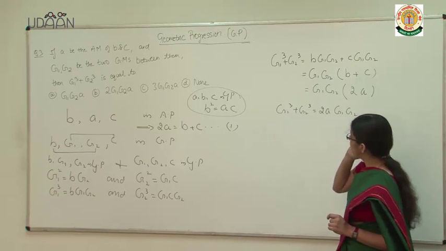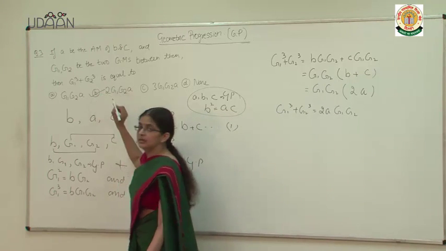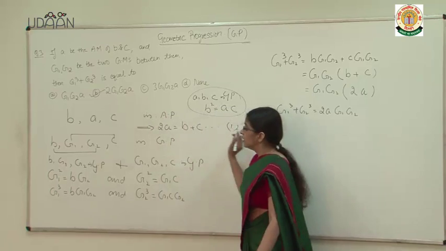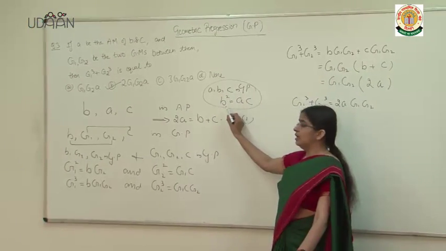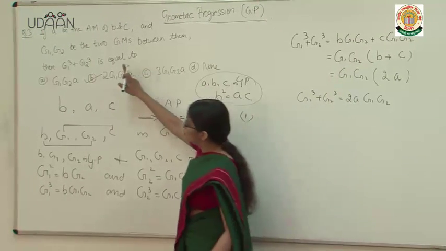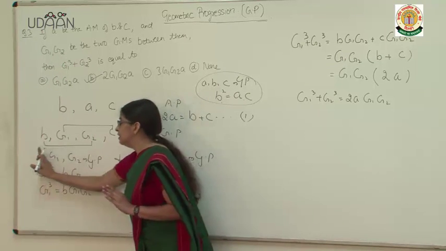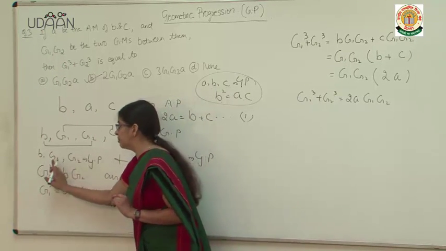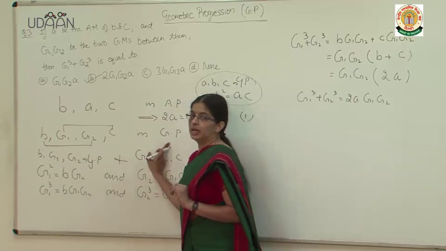See which option is correct? 2A into G1 G2. Option B. Here, which property have we applied? If A, B, C are in GP, then B square equals AC. If two geometric means are given, then along with the given numbers, the two geometric means are in geometric progression.